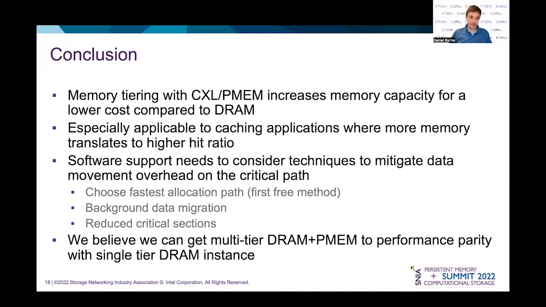So we looked at a couple of ideas like choosing the fastest allocation path, background data migration, or reducing the critical section. So we're looking at more ideas, and we believe that we can get multi-tier DRAM PMEM performance parity to a single tier DRAM instance. That's our goal, and that's where we're headed in the future.